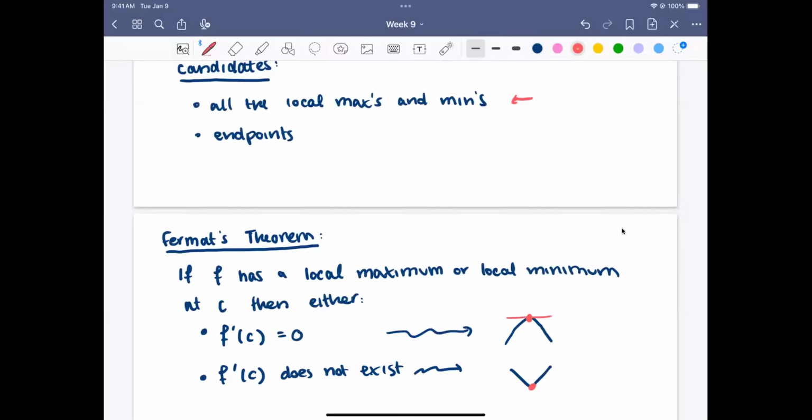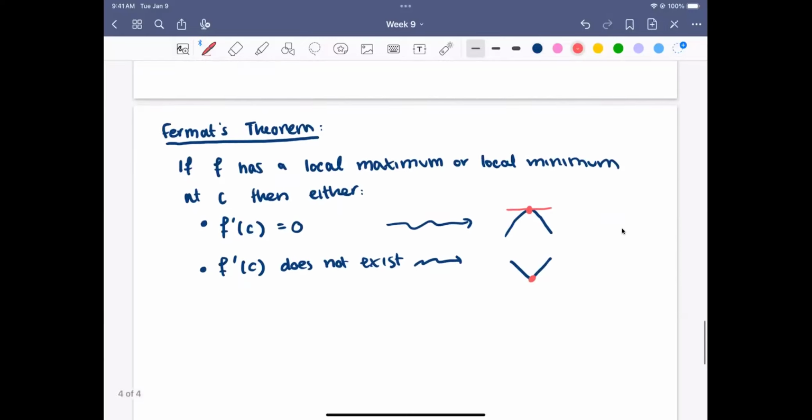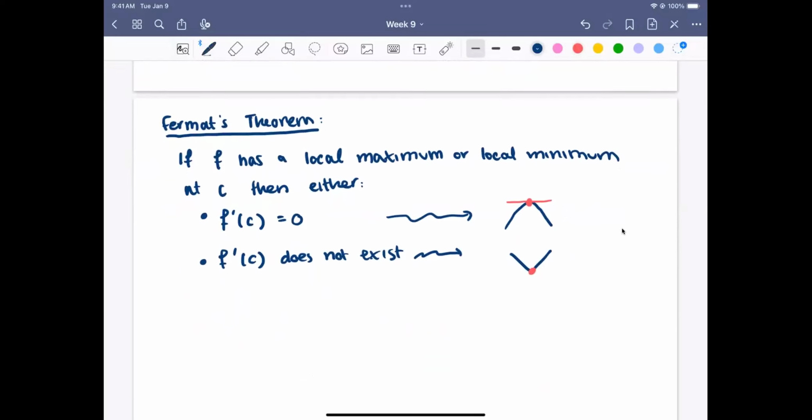Okay, so luckily for us, Fermat did prove this theorem. Let me show you guys how that goes. We'll just prove it for local maxes, but the proof will be the same for local mins. So let's suppose c is a local max.